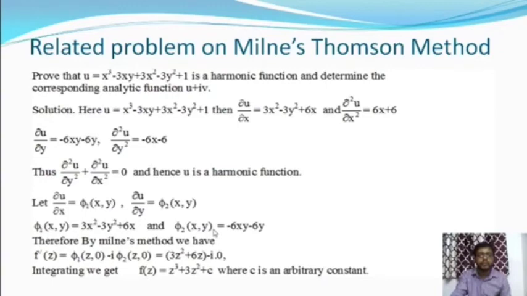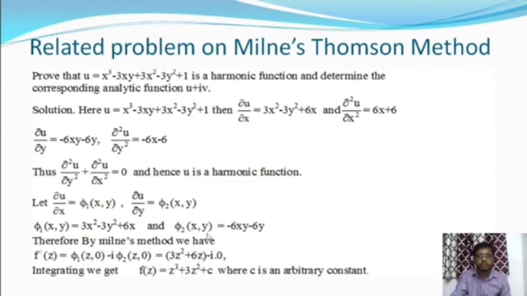So at x equal to z and y equal to 0, phi 1 of z comma 0 is equal to 3z squared. Y is 0, so the second term is 0, and the third term is 6z. That is, phi 1 of z comma 0 is equal to 3z squared plus 6z.